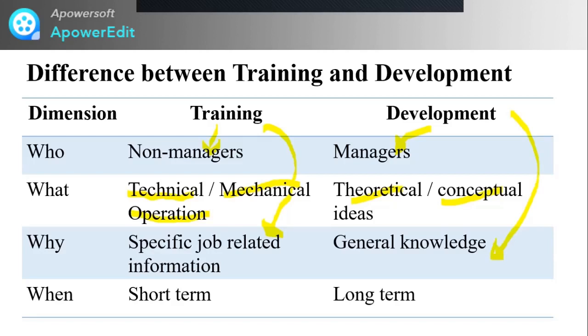Your special field is food science and technology. But as a manager in the future, when you are in your profession, you have to handle workers and deal with the organization. So you have to get an idea about organizational management and how to handle workers.